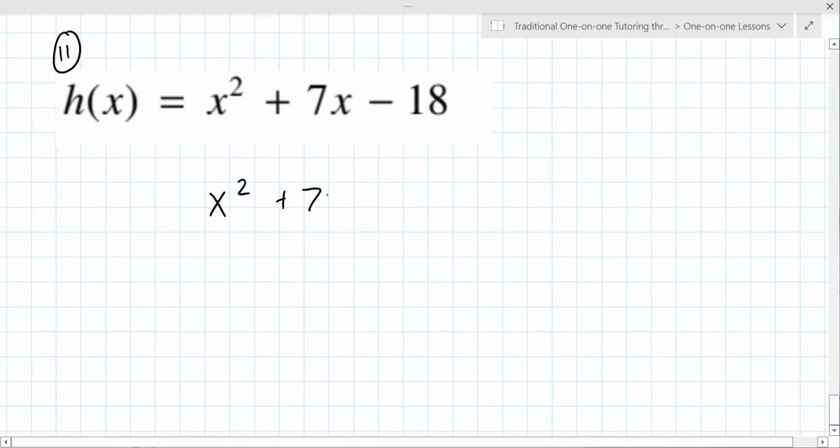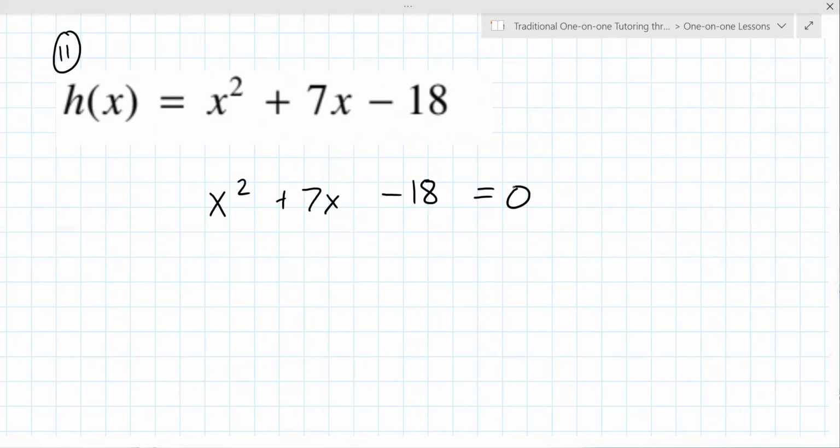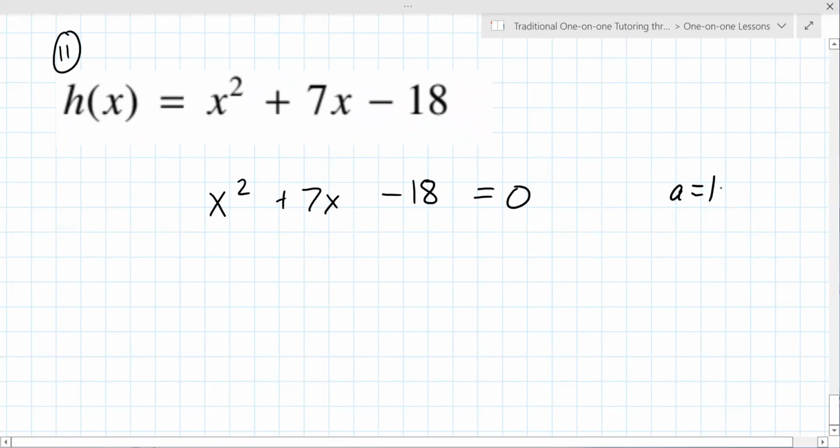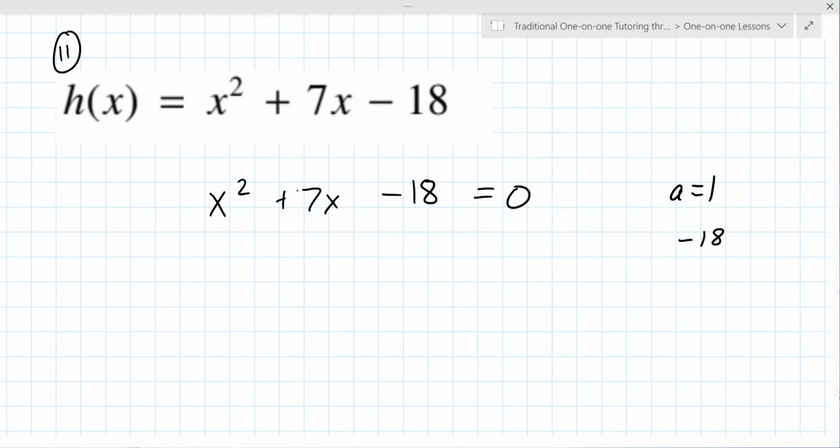X squared plus 7x minus 18. You have to set it equal to 0. There are 3 terms. That's a pretty good indicator that it is probably the a equals 1 type. So now you want 2 numbers that multiply to minus 18 but add up to 7. So it would be 9 and negative 2.